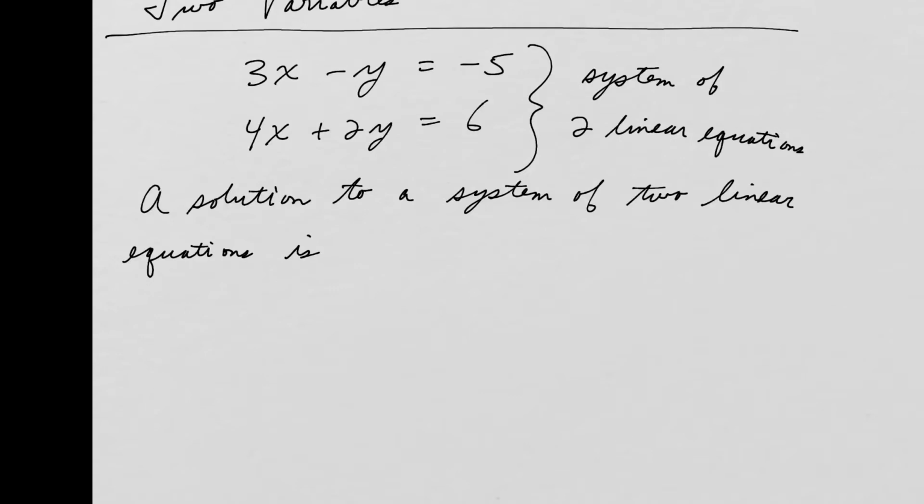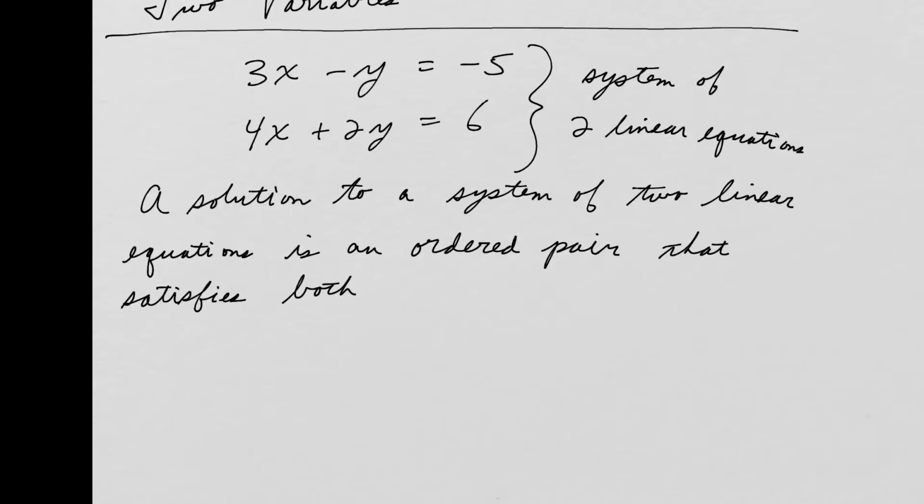A point or an ordered pair that satisfies both equations. If you plug that point in to both equations, you get true for both of them. So it's an ordered pair that satisfies both, and that's important, both equations. Okay, let me underline that, both equations.